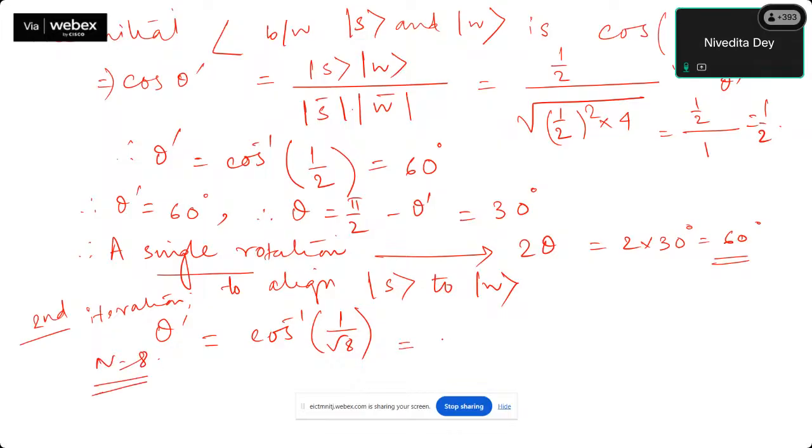Then it is approximately 69.29 or 70 degree, let me say. So that means your theta will be approximately 20 degree, 90 minus 70. So a single rotation might increase it by 2 theta, that is 40 degree.